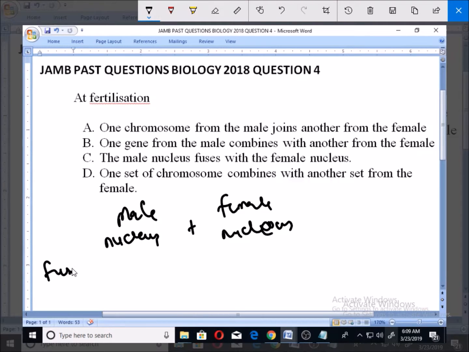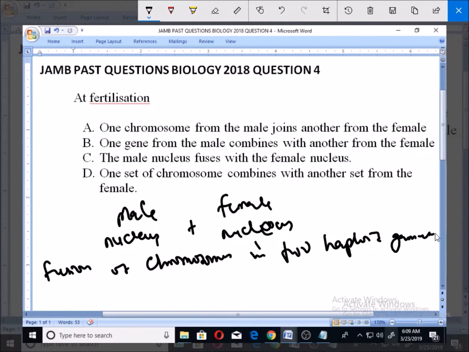So fertilization is actually what occurs when there is fusion of chromosomes in two haploid gametes, talking about the sperm cell and the egg from the female. So we're talking about the male and female gametes.